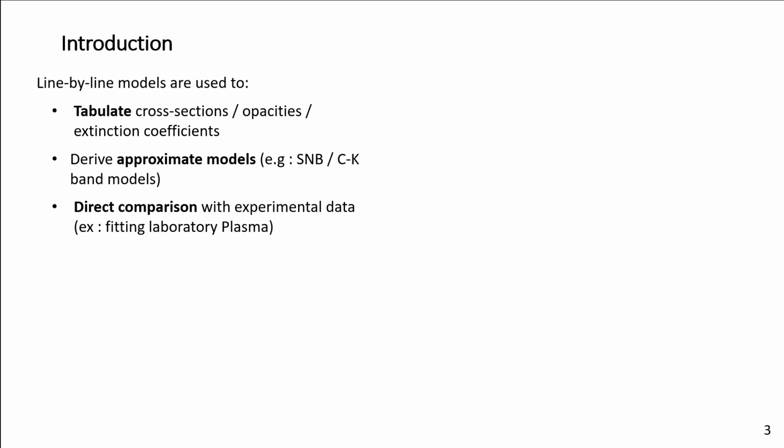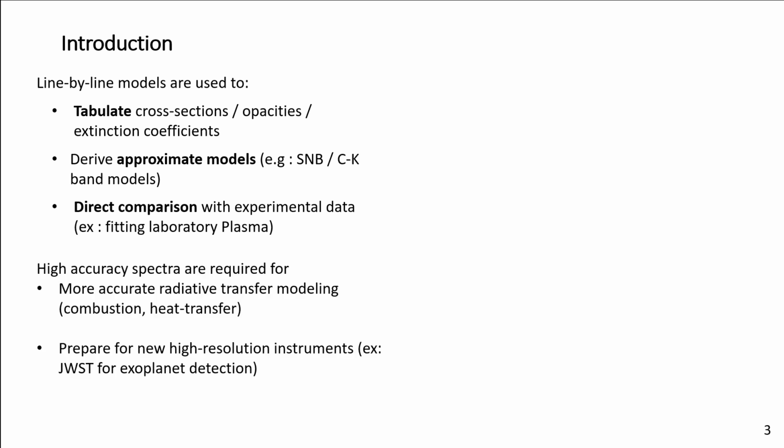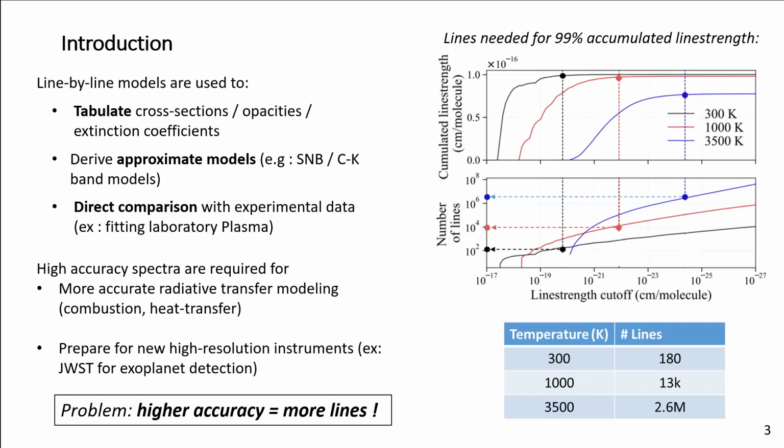It's important to be able to synthesize high accuracy spectra, which are required for more accurate radiative transfer modeling, such as in combustion and heat transfer, but also to prepare for new high resolution instruments such as the James Webb Space Telescope. And the problem generally is that for a higher accuracy, you need to include more lines in the spectrum.